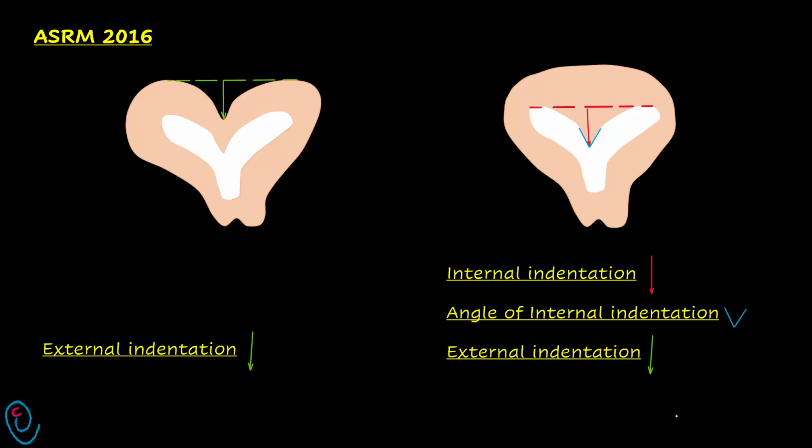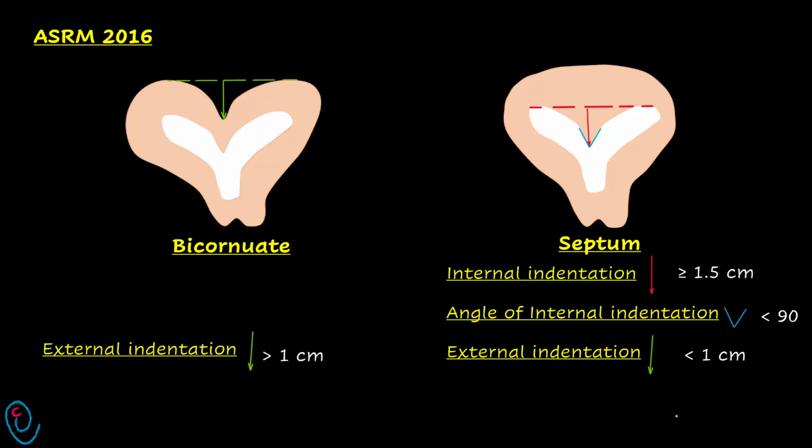The diagnosis is a uterine septum if internal indentation is 1.5 cm or more, angle of internal indentation less than 90 degrees and external indentation less than 1 cm. The diagnosis is bicornuate uterus if external indentation is more than 1 cm.